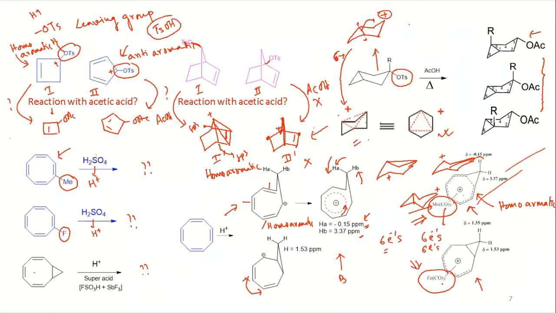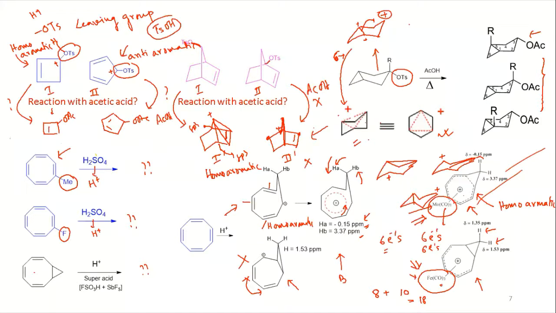So 4 electrons and here 6 make 10 electrons, and iron itself has 8. So 8 plus 10 is 18. So it will have this structure, and this is not homoaromatic. So these two values will be similar, quite close: 1.35, 1.53. They are very close to each other. So this is the overall discussion of homoaromaticity.